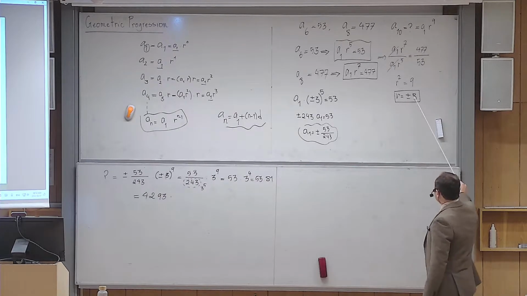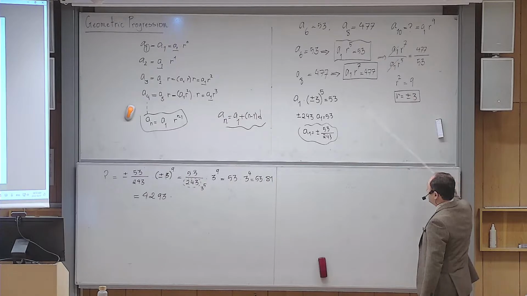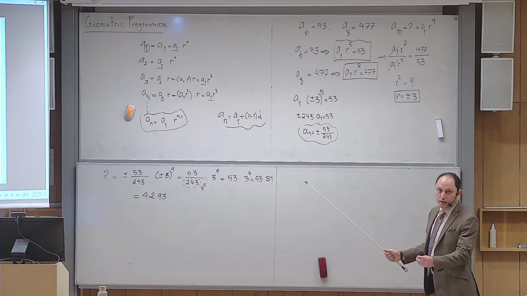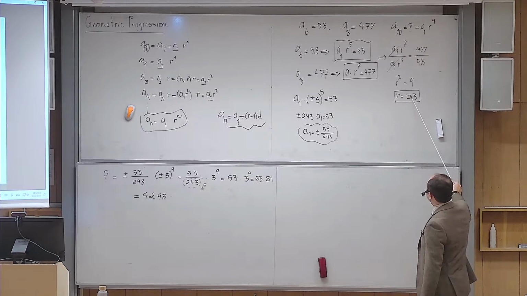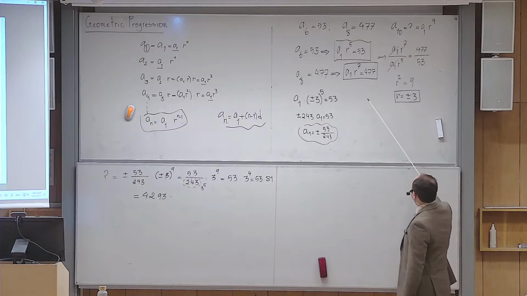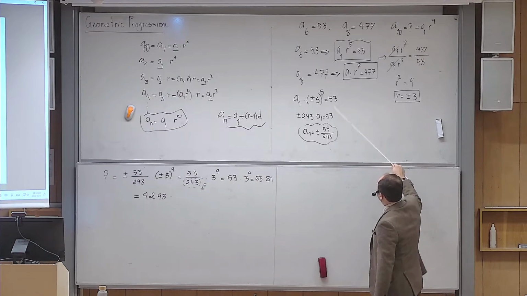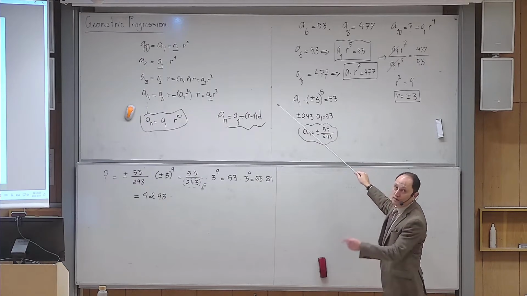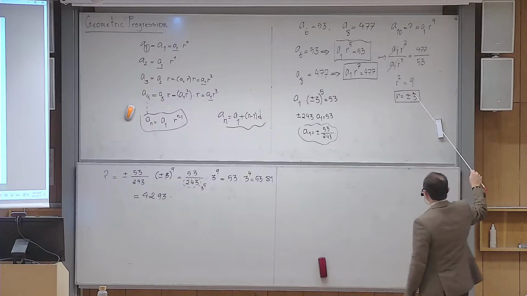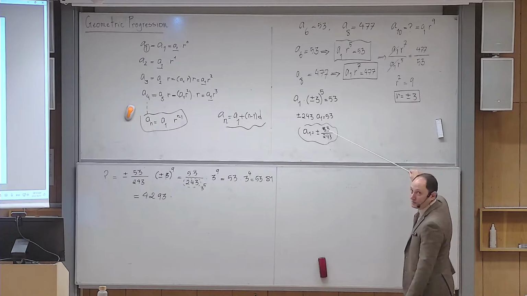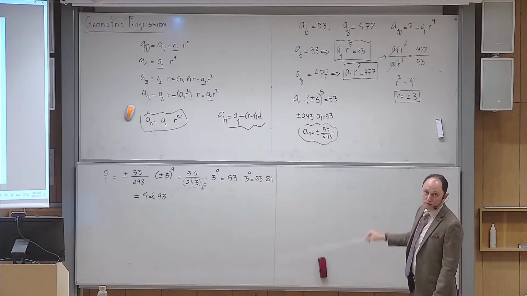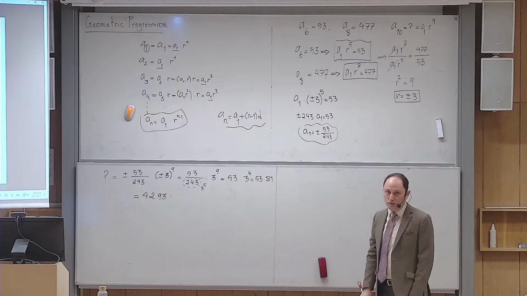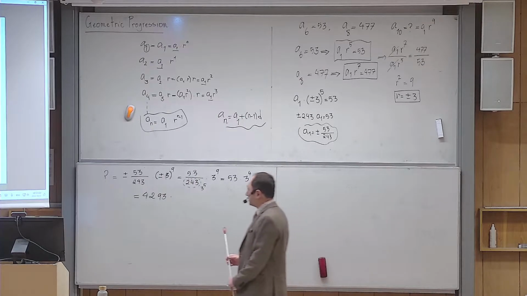Because if I choose positive, I will get only the positive value for A1. Yes, because if I take this one and take the positive value and put it back into this equation, there is only plus sign. I will not get two answers for A1. I will get only the positive one. So if you choose positive, you are forced to get the positive one. And if you choose negative, you are forced to get the negative one. So this means that there are two scenarios going, not four. But that was a good question. Is that understandable?